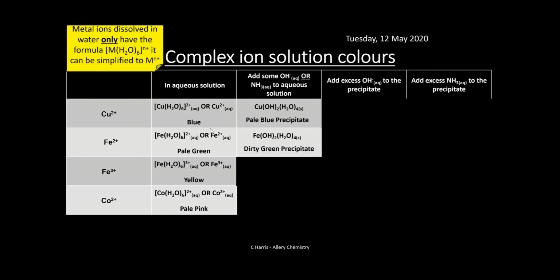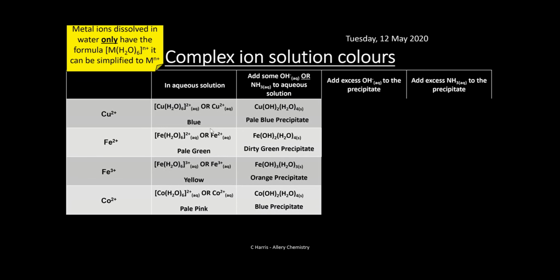Okay, what about Fe3+? Have a go at that one. Okay, so this one is Fe(OH)3(H2O)3. Again, they're all solids because we're adding a small amount, so we're forming a solid complex, remember, that's neutral. If it's neutral, it doesn't have a charge, it forms a solid precipitate. So this is an orange precipitate. And then what about cobalt-2+? Okay, so this one is a blue precipitate.